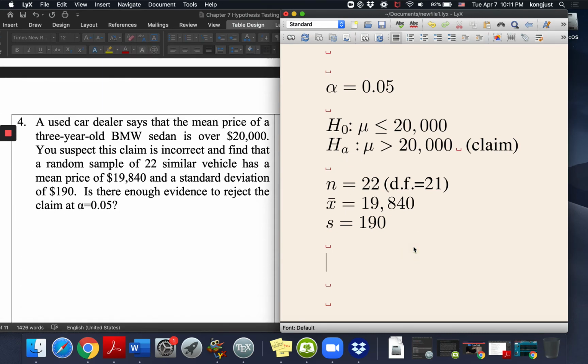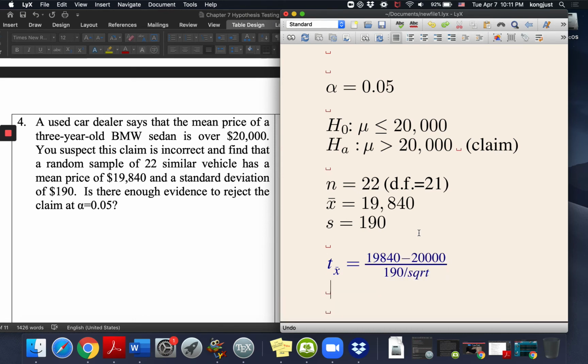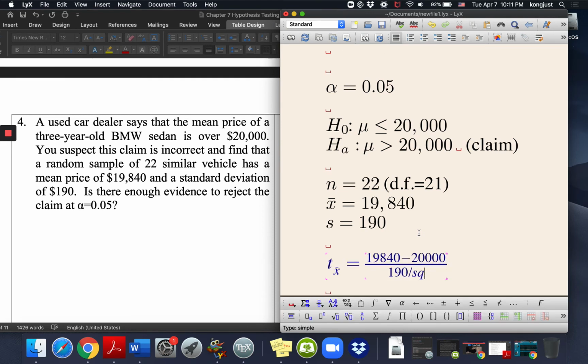First thing we need to calculate is our t sub x bar. That's going to be equal to our value, 19,840, minus the supposed mean, 20,000, all over the standard deviation, 190, divided by the square root of the size of the sample, so divide by square root of n, which is 22.